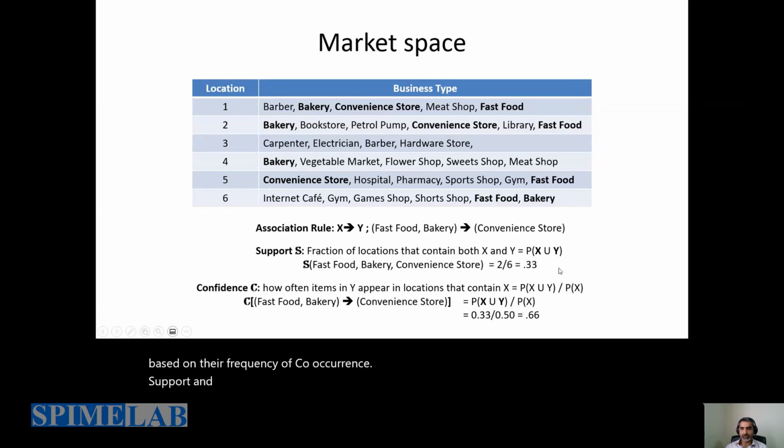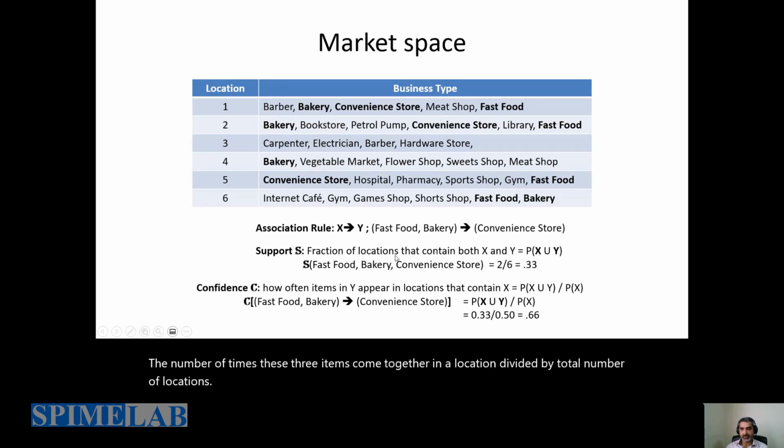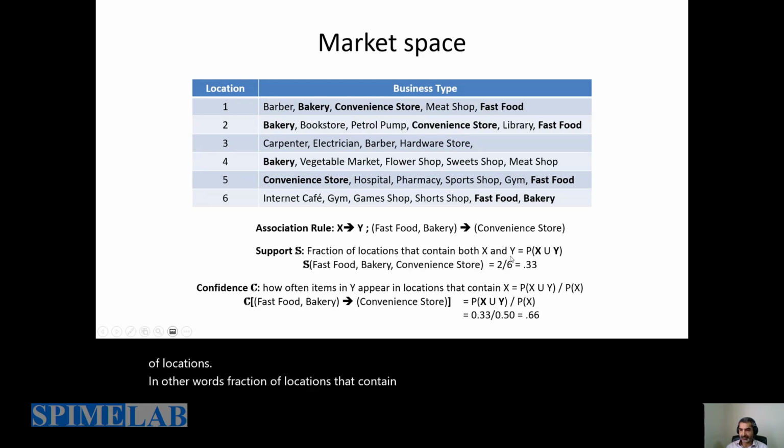Support of a rule is calculated as probability of X union Y, the number of times these 3 items come together in a location divided by total number of locations. In other words, the fraction of locations that contain both X and Y. We can see fast food, bakery, and convenience store come together in location number 1, and then location number 2.